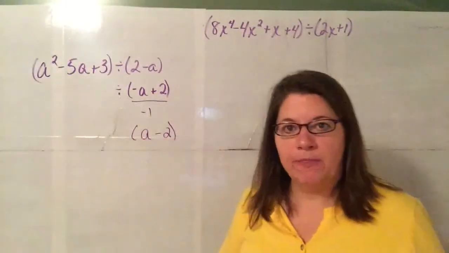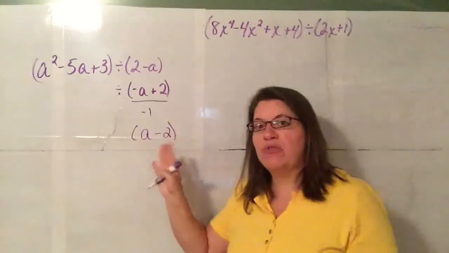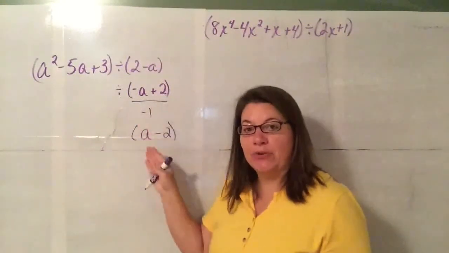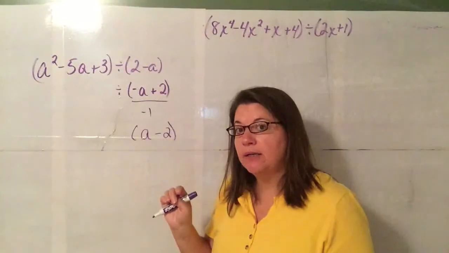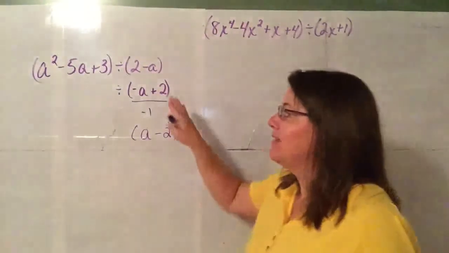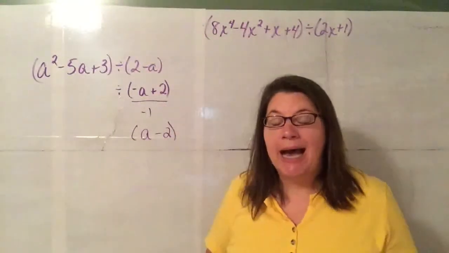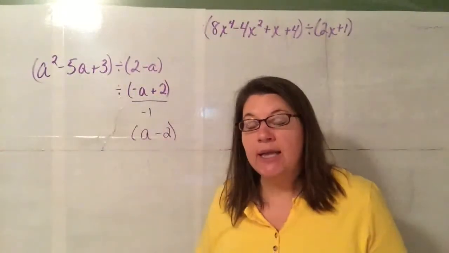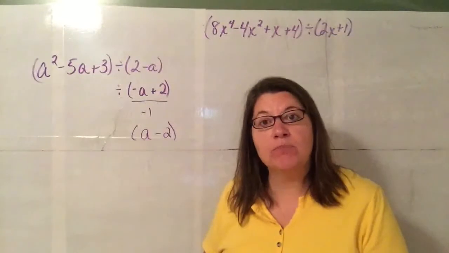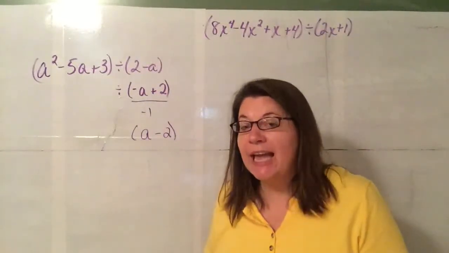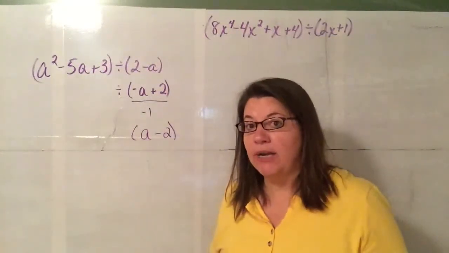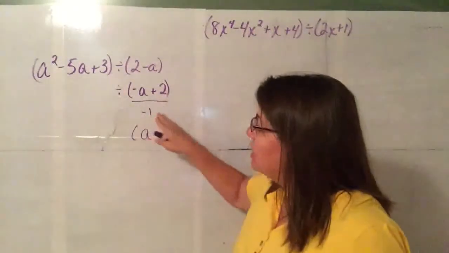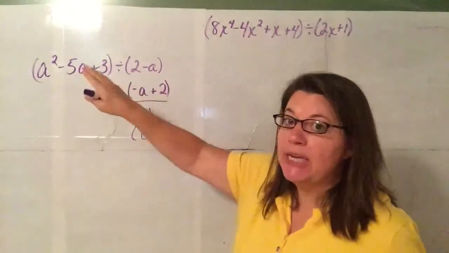But there's a problem with that. I've just changed the value of my divisor because I divided it by -1. So if I divide my divisor by -1, I also have to divide my dividend by -1. As long as I'm doing the same thing to both of them, it's really like I've multiplied by -1, okay? So I can't do it to one of them without doing it to the other.